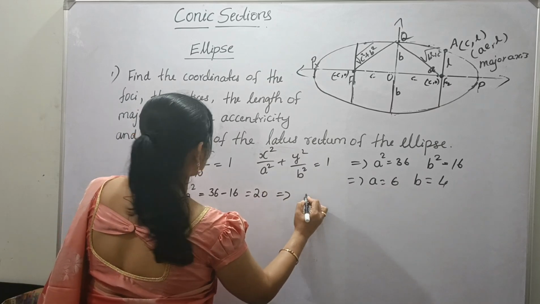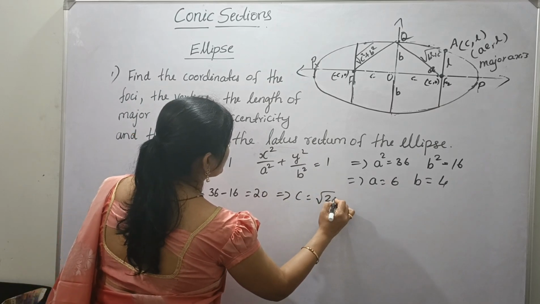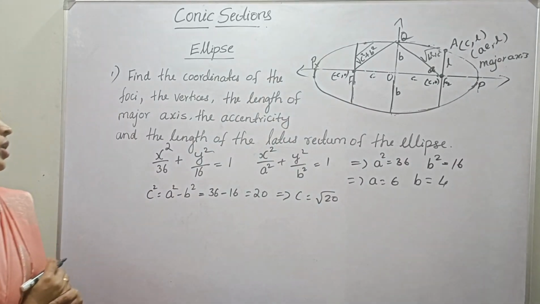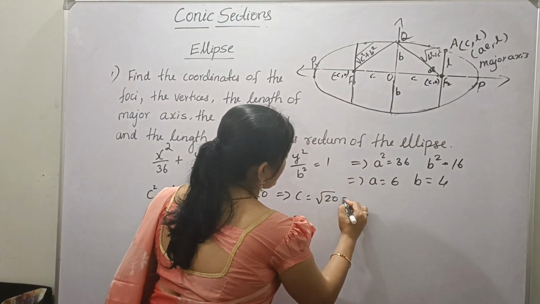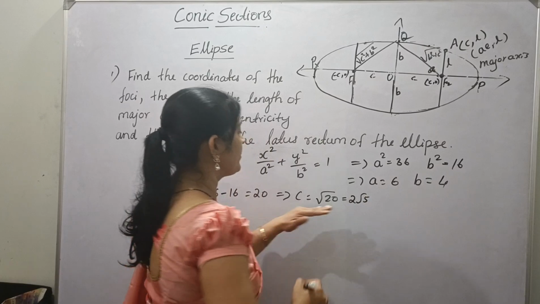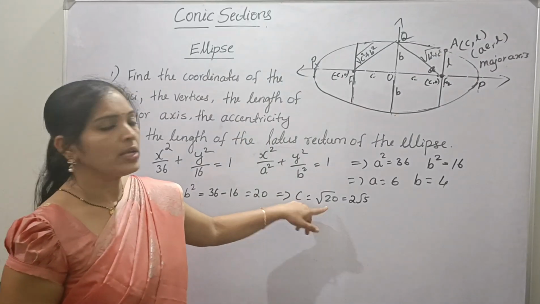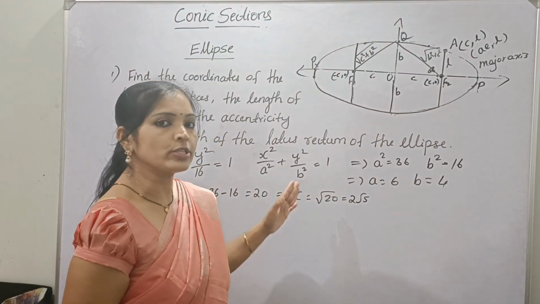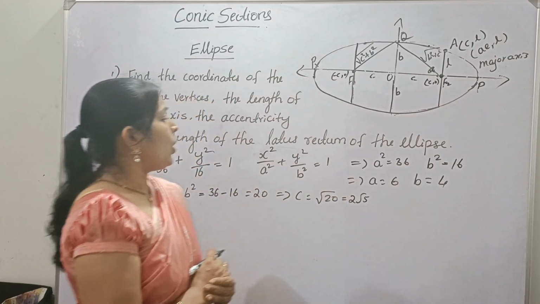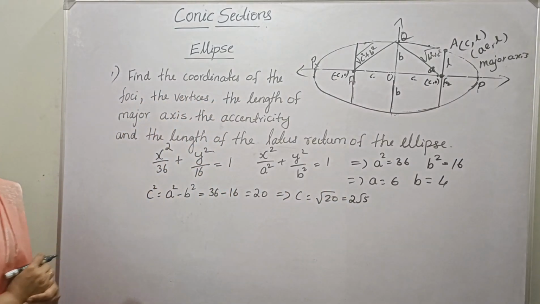So this implies c is equal to root 20, or we can write 2 root 5, because 4 into 5, and root 4 is 2. So here we have got the c value.